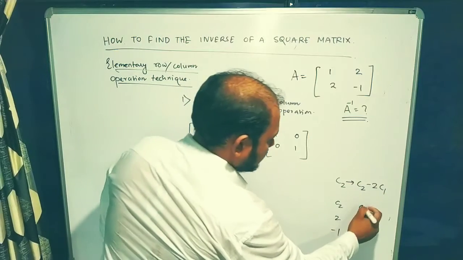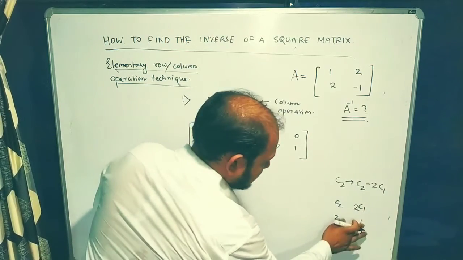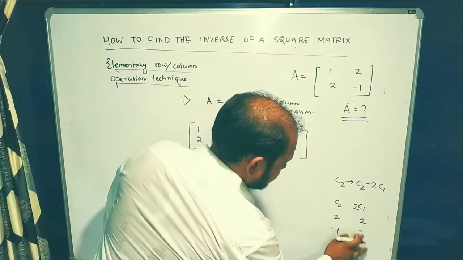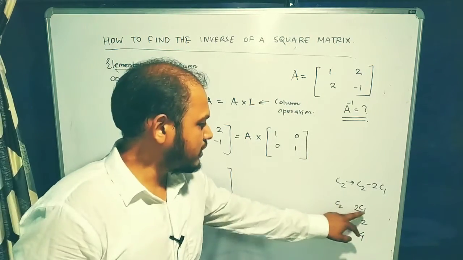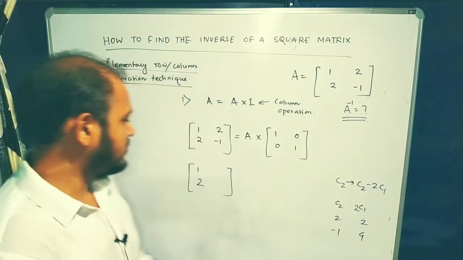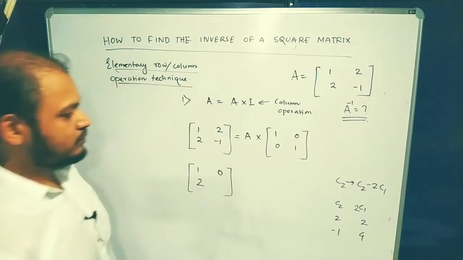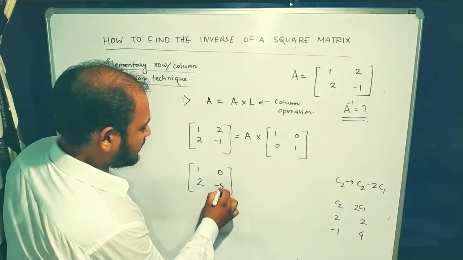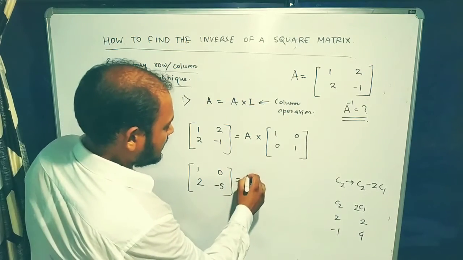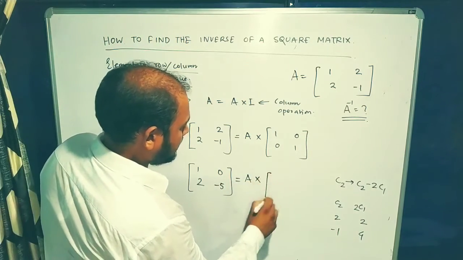Now here is a 2 C1, so let us multiply this column with the number 2. 2 2s are 4. Now C2 minus 2 C1 is 2 minus 2 is 0, and minus 1 minus 4 is minus 5, and we have A here.